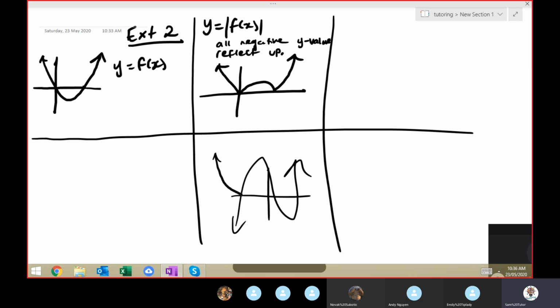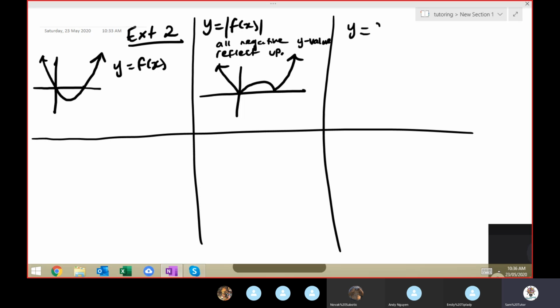So that bit there comes up, and then this bit here will reflect up, and something like that. So pretty much all you need to memorize is more the diagrams. It's a lot easier sometimes than the words. But there you go. So absolute value of the whole thing, that's what's happening.